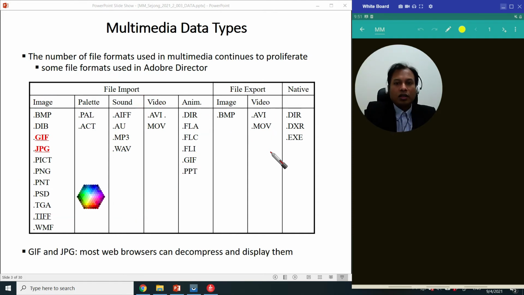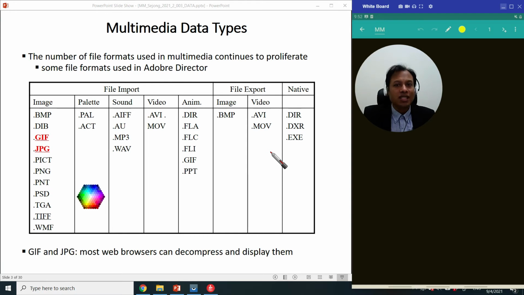Now there are other file formats that we basically don't import or export, but that are used as suitable for the system itself. For example, there are many file formats that we usually see in the Windows operating system. For example, .exe file, right? Similarly, .dir file, .dxr file.